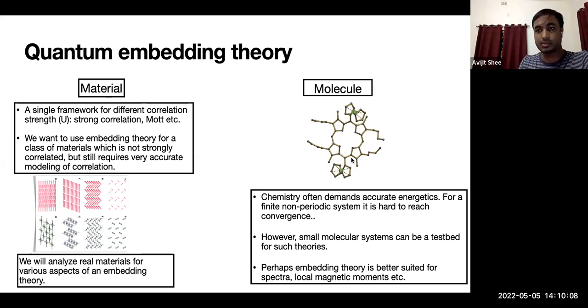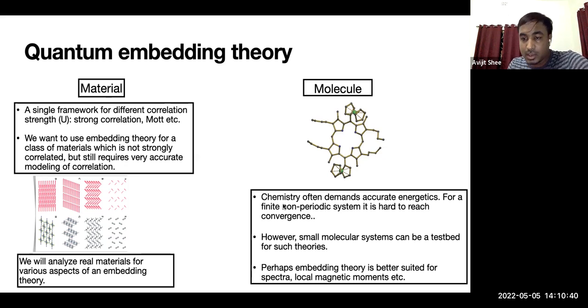Therefore this accurate energetics is very hard to achieve, because the boundary is often not very clear. Molecules are only useful in that they can be a very good test bed for embedding theories, because of the finite size. Small molecular systems are tractable, and one can study various quantities very rigorously.